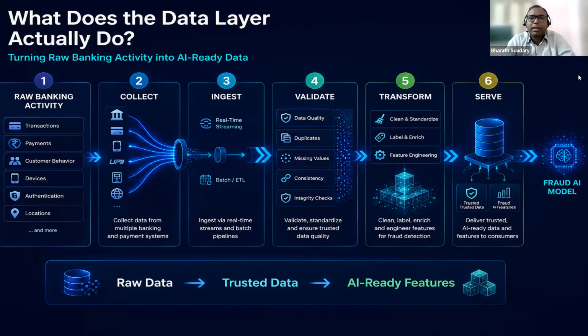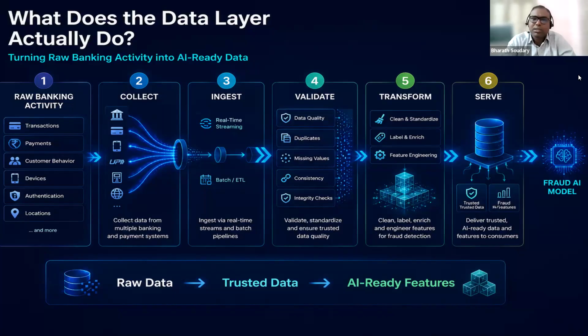Ingest. The collected data is moved to the data platform. There will be real-time streaming and batch or ELT. Real time is used when we need an immediate fraud decision.